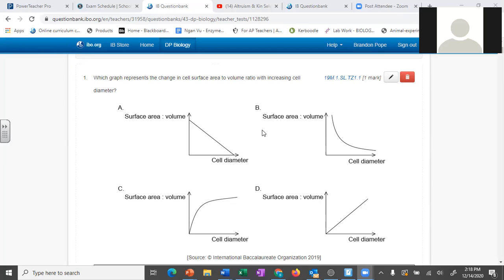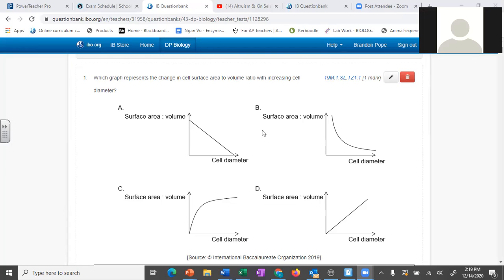Well, we know it's not linear, right? Because it decreases faster over time. Yeah, so it can't be A or D. Okay, so then we're left with C and D. And the surface area doesn't increase with the diameter.